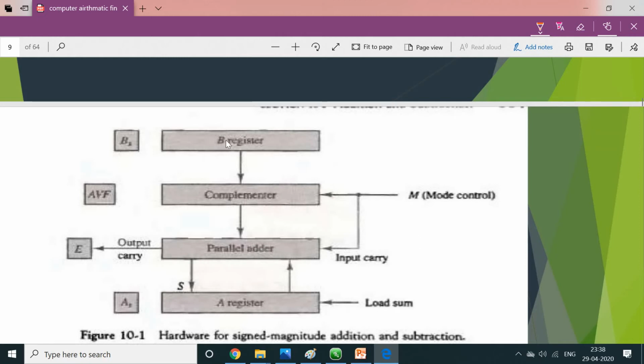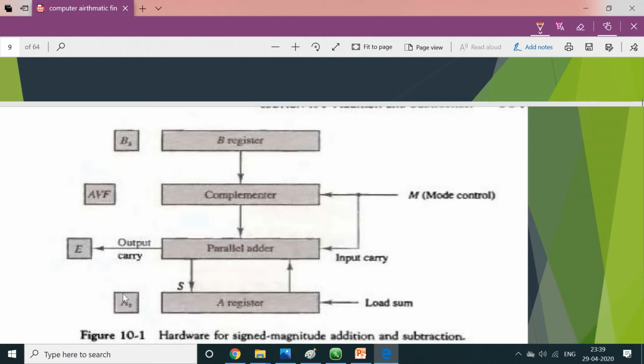A register always holds the A register values, and B register always holds the B register values. So here BS, suffix S, means the B register sign bit, that means the sign bit of the B register, the first sign magnitude bit. So whatever the bit, either the magnitude MSB bit is 0 or 1, that particular bit will go to the BS register, that means a single bit register.